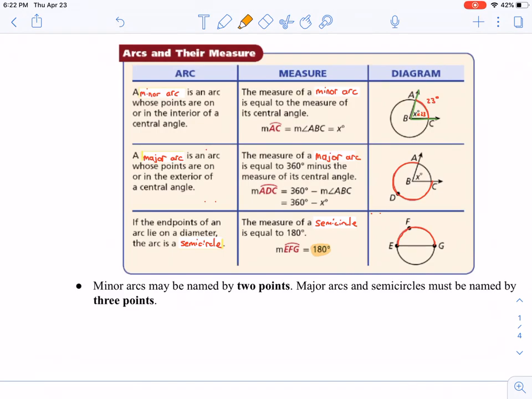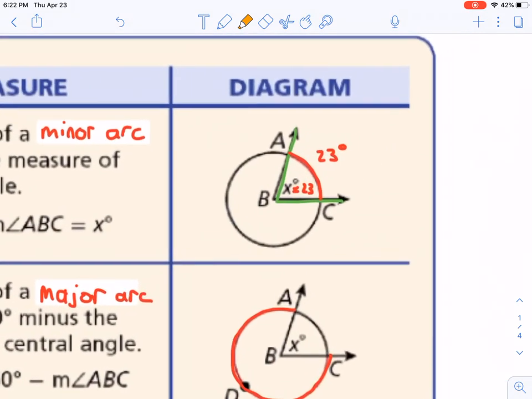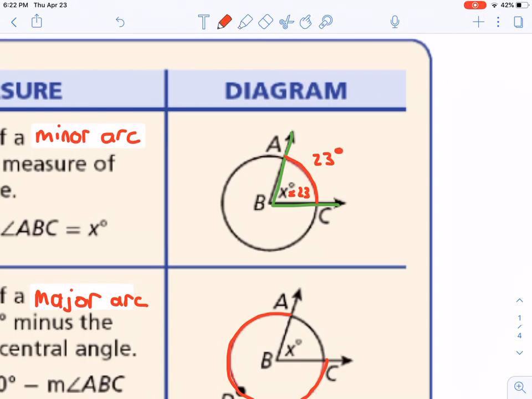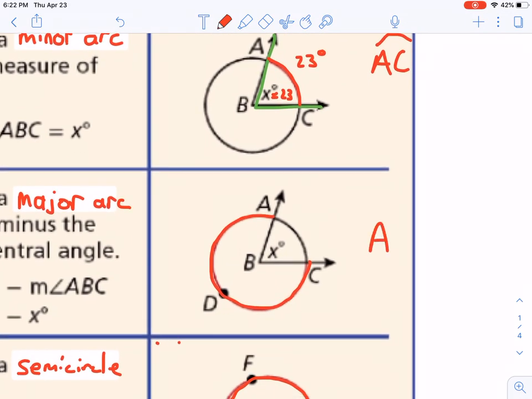Then the matter of naming arcs is important here. If you are naming a minor arc, you're going to use 2 points. If you're naming a major arc, you're going to use 3 points. So if we look at the first example here, arc AC is a minor arc. Arc ADC is a major arc.